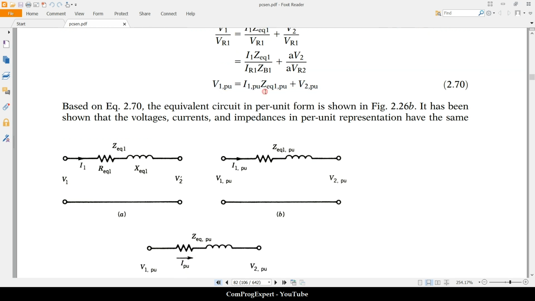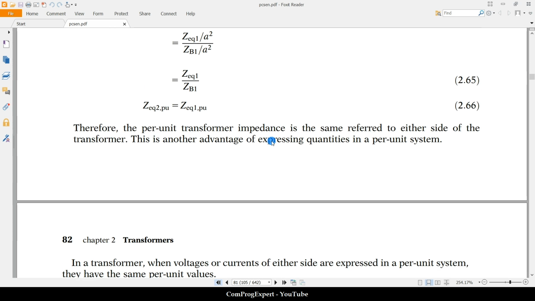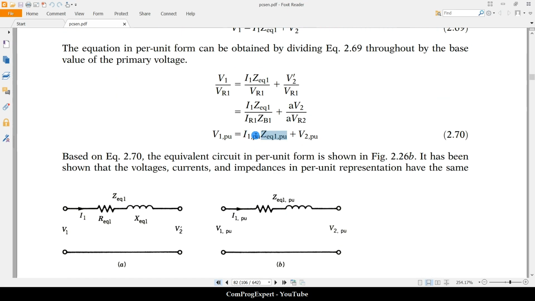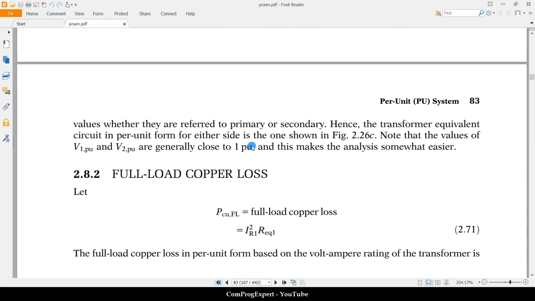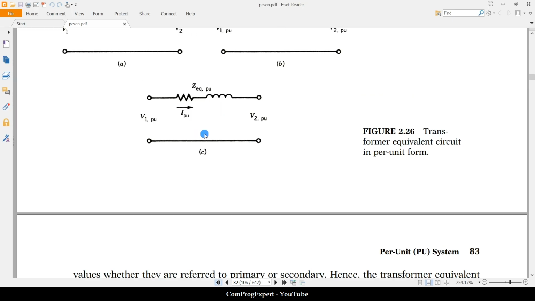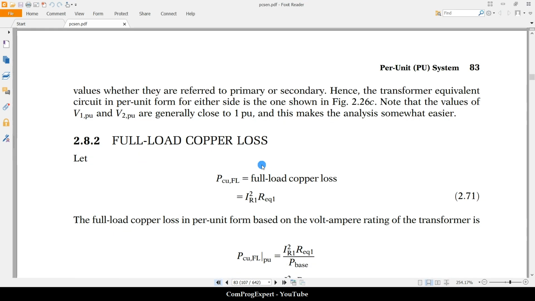And we know that this is equal to the Z equivalent 2 per unit. Simply we can write Z equivalent per unit, and the same thing for I. Yes. So using a per unit system, we can have this simplified model.